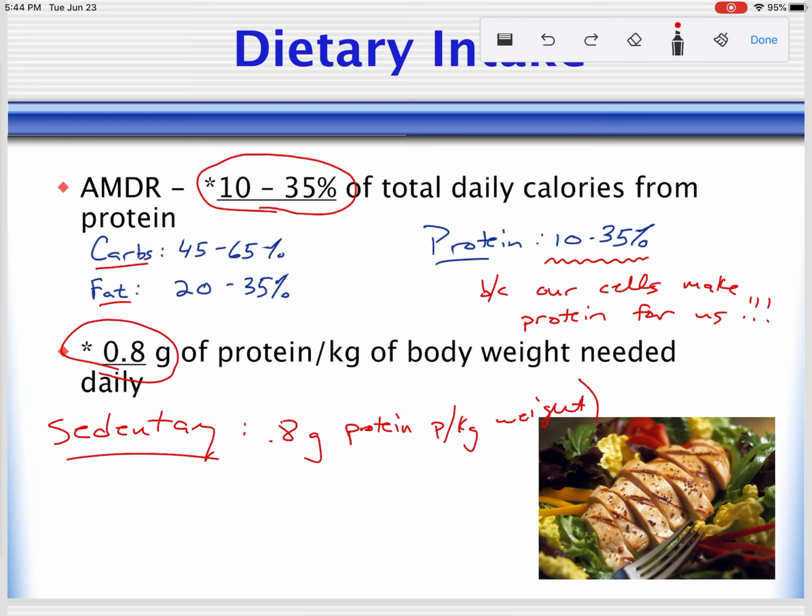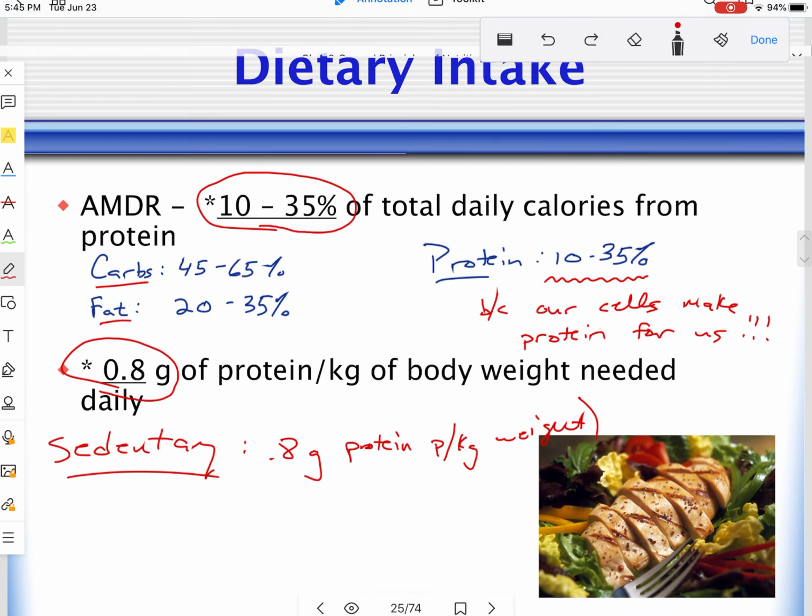So it's just another way of looking at it. You could analyze someone's protein intake by looking to see what percentage of all their calories came from protein. It should be somewhere between 10 and 35%. Or you can actually calculate how many grams they ingest and compare it to what they need.